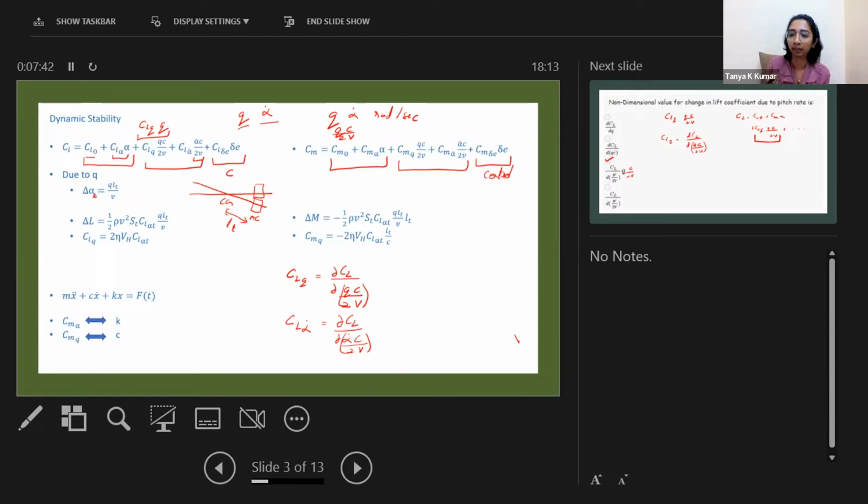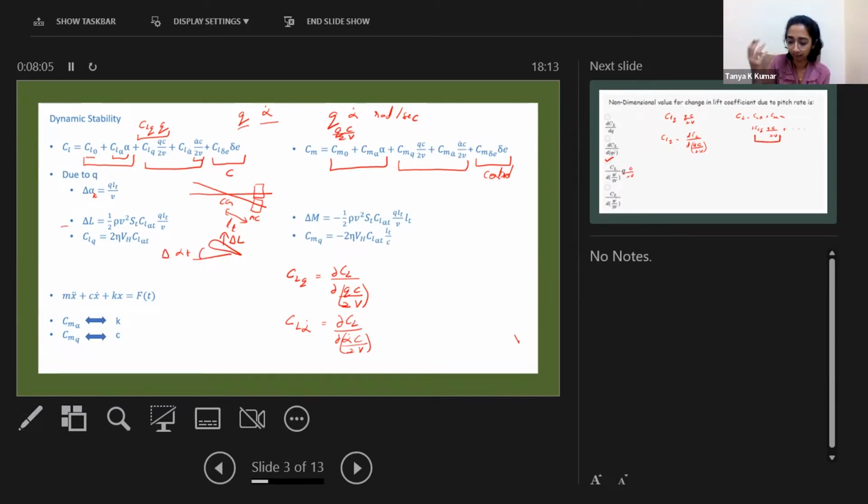There is an increase in lift. If your tail goes down, that is how there's an increase in angle of attack, right? So this is delta alpha tail, and there's a delta L due to this delta alpha tail. That is given by this equation.